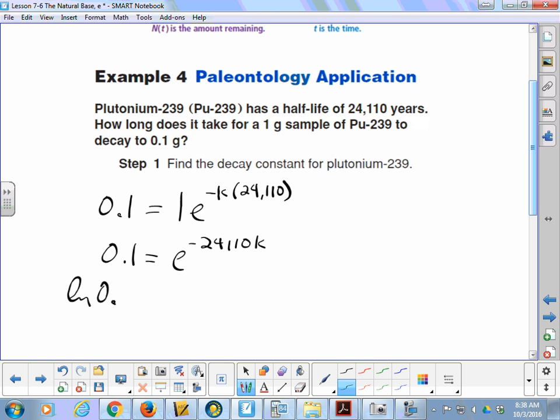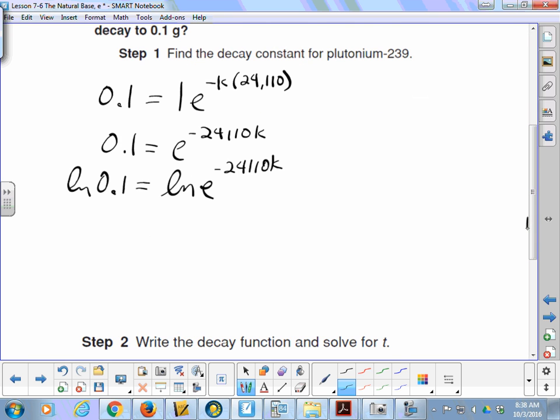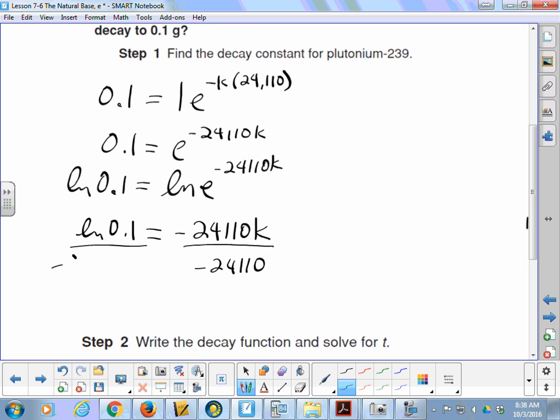So the natural log of 0.1 equals the natural log of e to the negative 24,110 K. And the nice thing here is that natural log and e cancel each other out because they're inverses. So the natural log of 0.1 is equal to negative 24,110 K. And divide by negative 24,110.